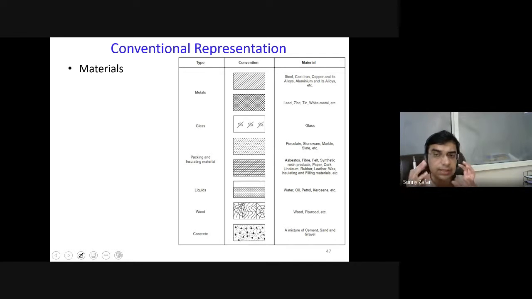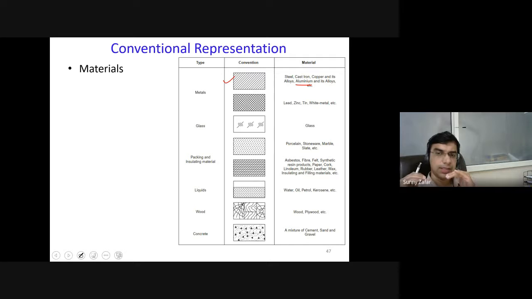In the case of metals, broadly we classify metals as ferrous and non-ferrous, or heavy and less heavy metals. Generally the ferrous materials, and to some extent aluminium and its alloys, and copper also, are represented using this convention where the hatch lines are at 45 degrees.